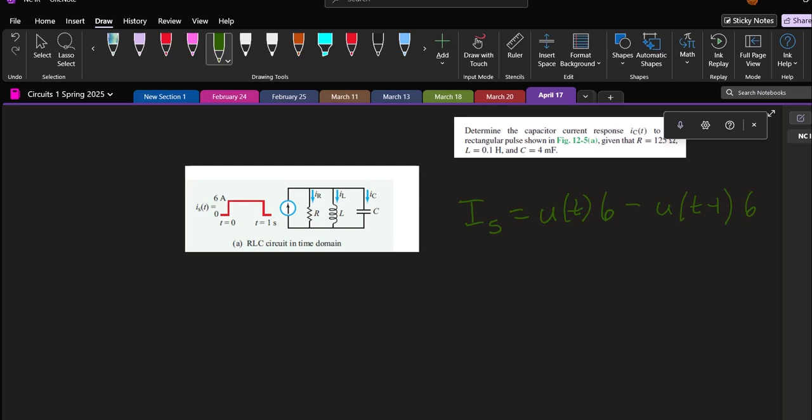Okay, so now I need to put everything into the S domain. The nice thing is in the S domain, everything acts like a resistor. You don't have to say, well, what do I do with capacitors? What do I do with inductors? They all act like resistors. So the capacitor becomes 1 over SC.